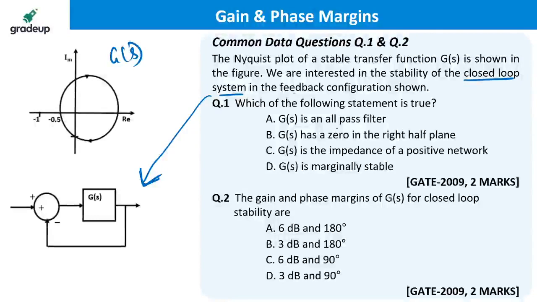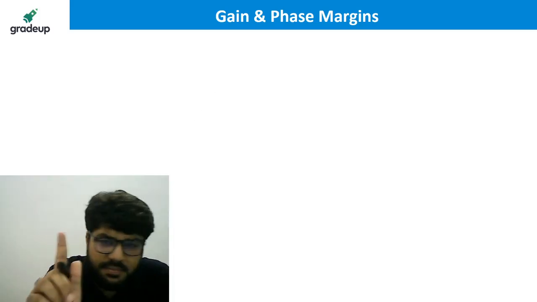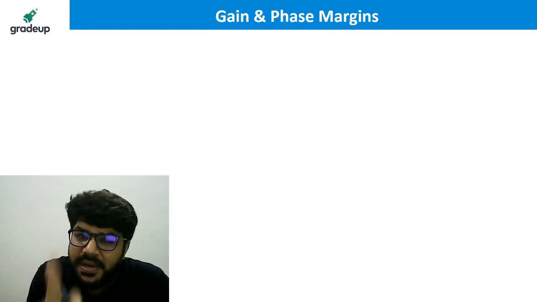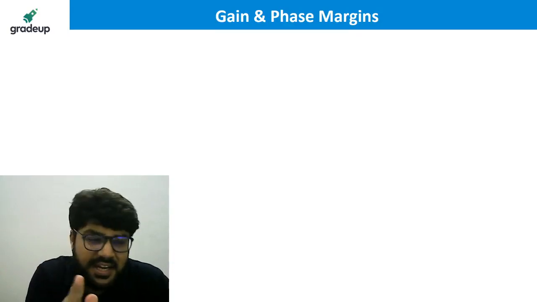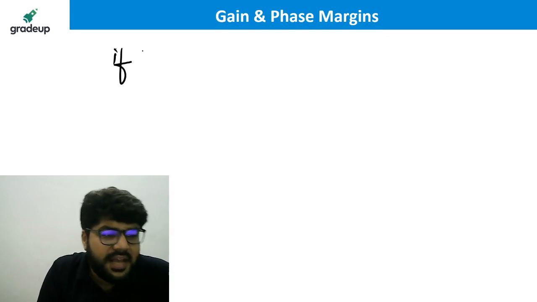Now, G(s) has a 0 in the RHP. When does G(s) have a 0 in the RHP? I will again repeat the points for you. I have discussed this in class number 1 of Nyquist, and even repeated it in the last class, in the last 2-3 questions.